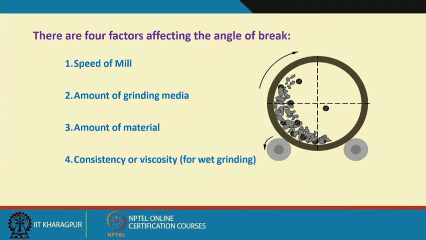If it is too slow, the material will be broken down to very fine sizes, it will reduce the capacity, and it will generate many more fine particles in the discharge. So, these are the 4 main factors which affect the angle of break: speed of mill, amount of grinding media, amount of material which we want to break, and the consistency or viscosity for wet grinding.